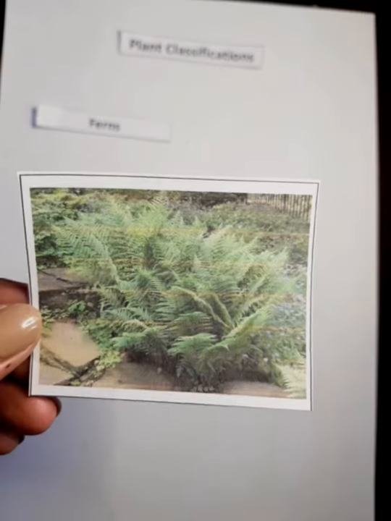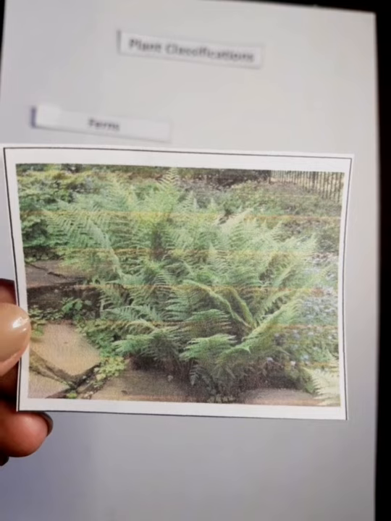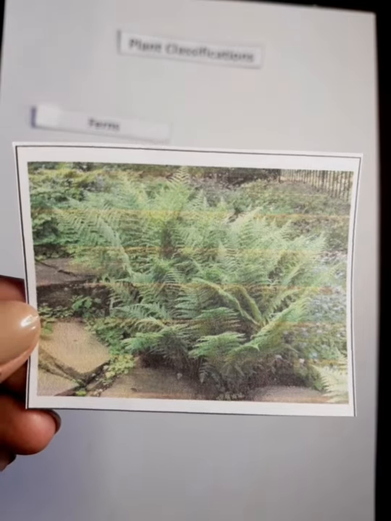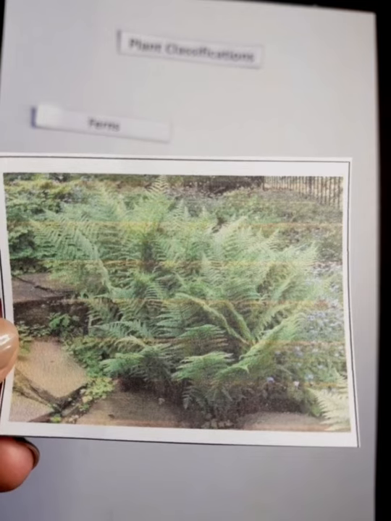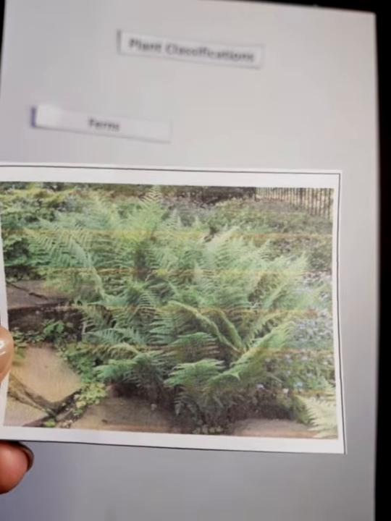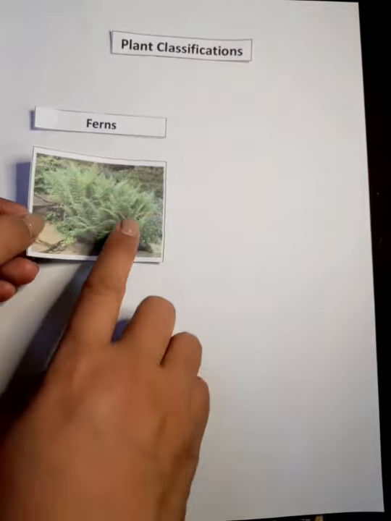The example of this fern is this plant. As you can see, this plant lives on humid places, and as you can see they have leaves and stems and roots. Yeah. Okay.